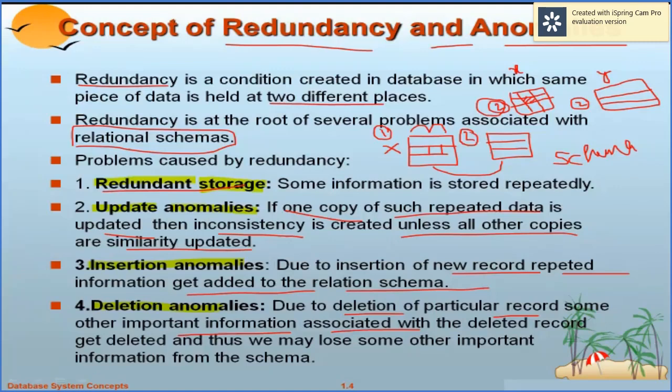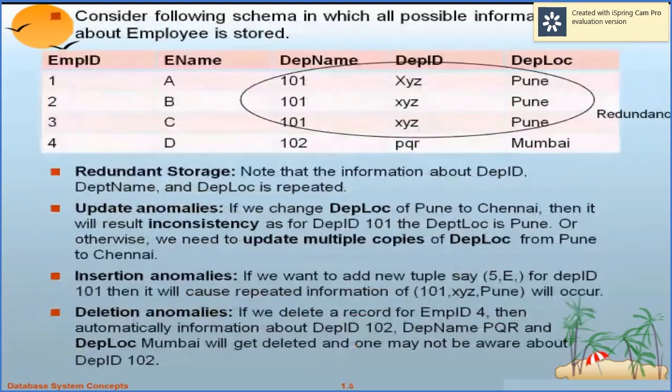So this should not happen, right? The deletion of the record should not affect the relations that are being maintained for the other table. So this is one more aspect that needs to be taken care of in the redundancy condition. The first one is about the memory storage, next one is updation issues, insertion issues, and then the deletion issues.